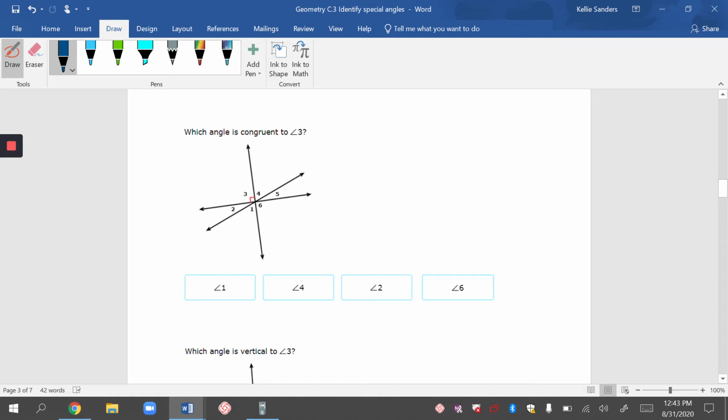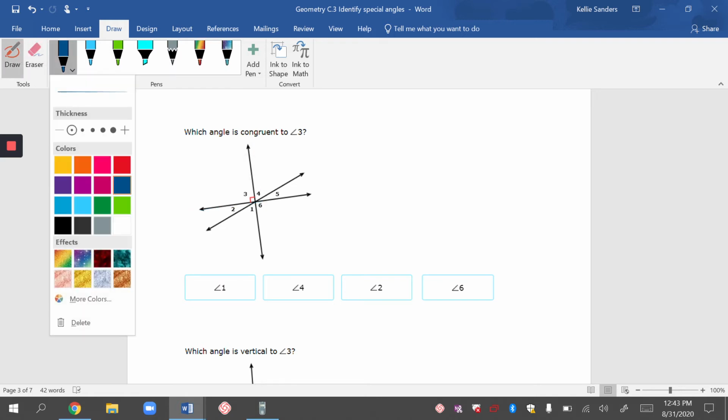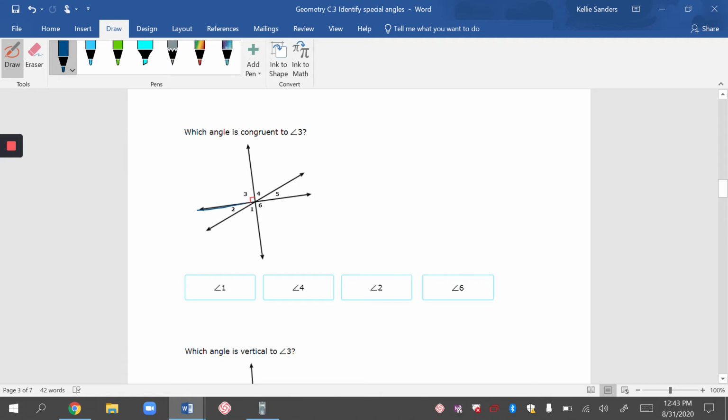Okay, which angle is congruent to angle 3? Well, how big is angle 3? Angle 3 is 90 degrees. What other angle is 90 degrees? This angle right here is 90 degrees, angle 6.